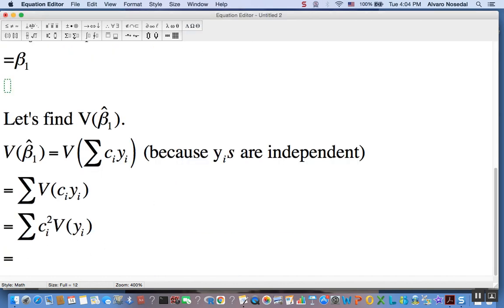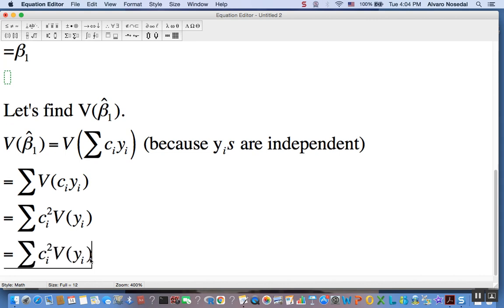So we have that the sum of ci squared times the variance of yi equals the sum of ci squared times sigma squared.